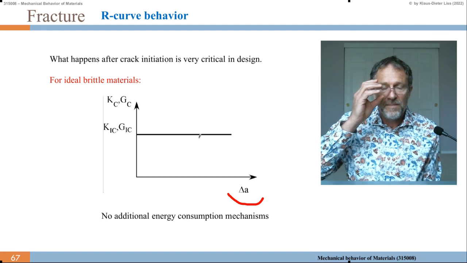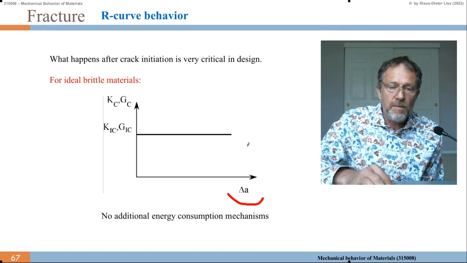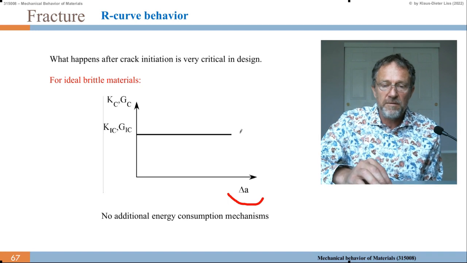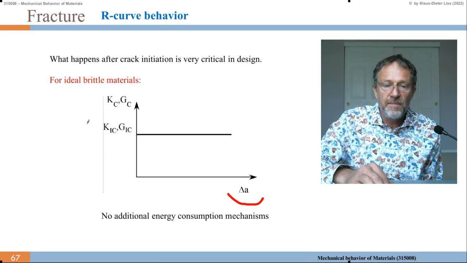They're just constant as a function of delta A. So if A grows by delta A, there's no change of the K and the G. So there's no additional energy consumption mechanisms.